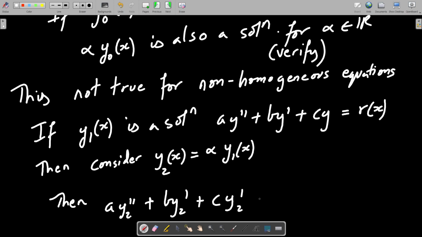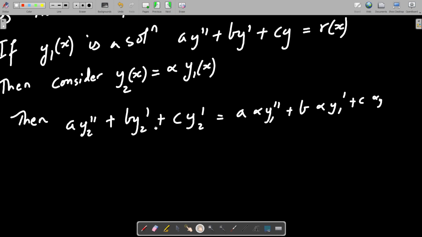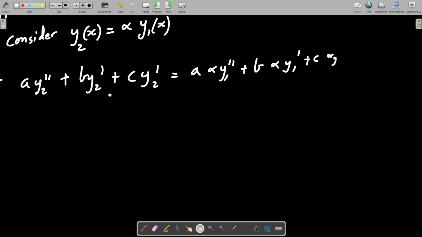This becomes a times alpha y1 double prime plus b times alpha y1 prime plus c times alpha y1.